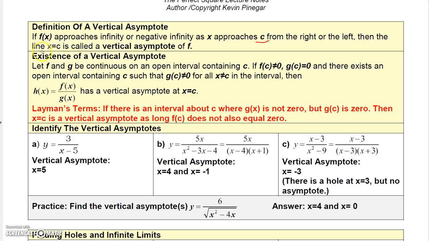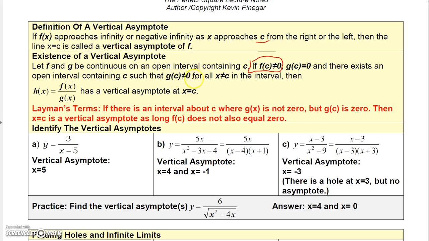So let's talk about the existence of a vertical asymptote. Suppose f and g are continuous functions on some open interval. And let's suppose that the numerator does not equal 0 at c, but the denominator does equal 0, so g of c equals 0, and there exists an open interval around c such that g of x does not equal 0.